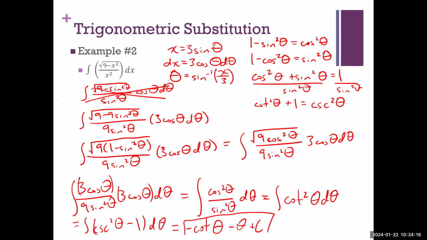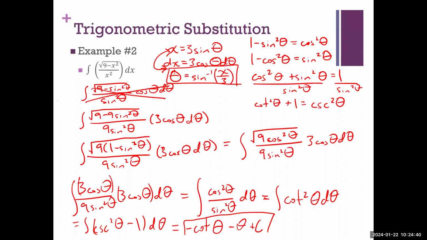So basically, if they want you to put your final answer back in terms of x, then you'll have to come up with this substitution here. We defined what x was equal to in terms of theta, but this is the inverse of that. Solve that substitution you made for theta.